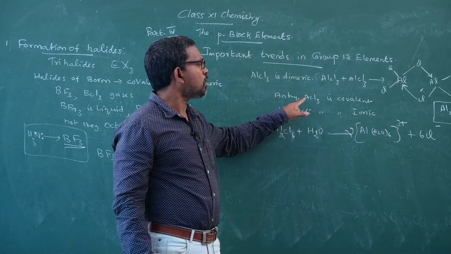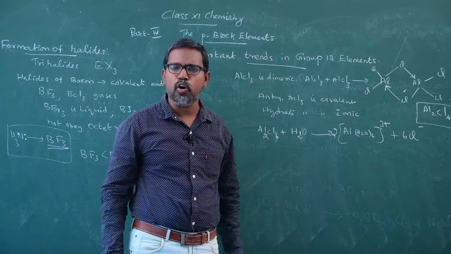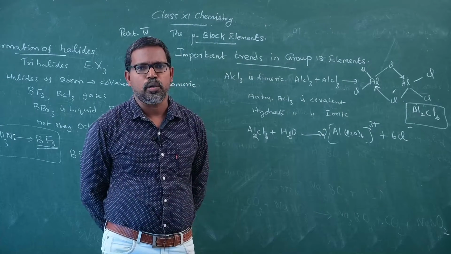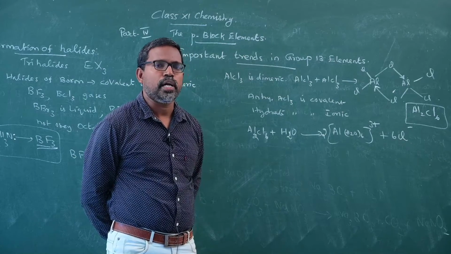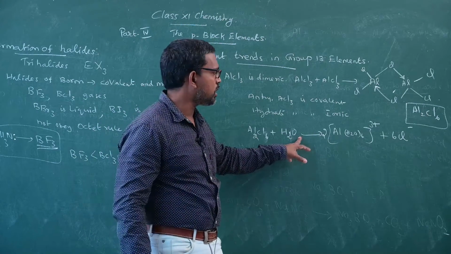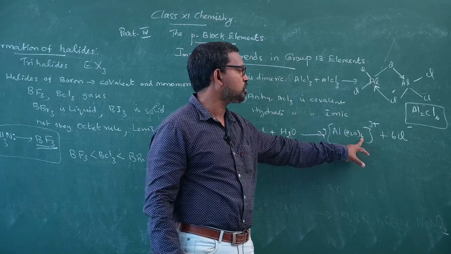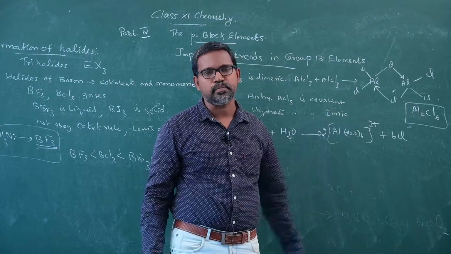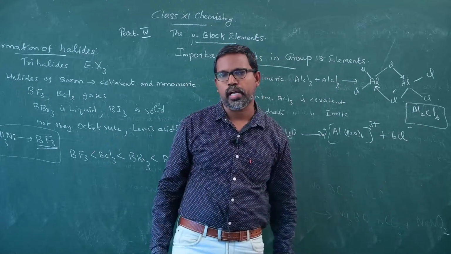Anhydrous aluminium trichloride is covalent in nature, while hydrated aluminium trichloride is ionic in nature. Aluminium trichloride readily undergoes hydrolysis with water and exists in the form of the complex [Al(H2O)6]3+, hexaaqua aluminium 3+ ion, and chloride ion.